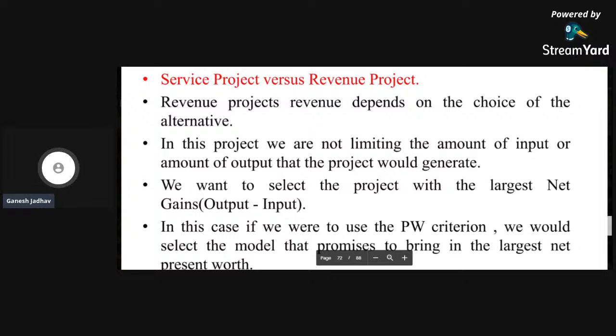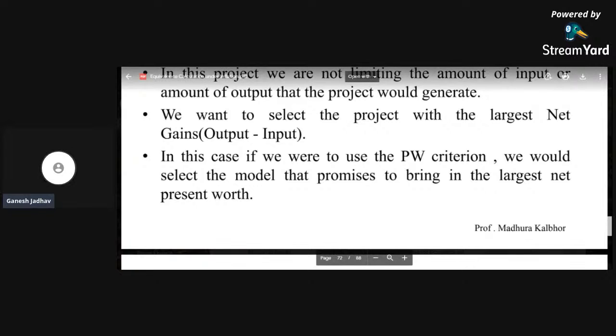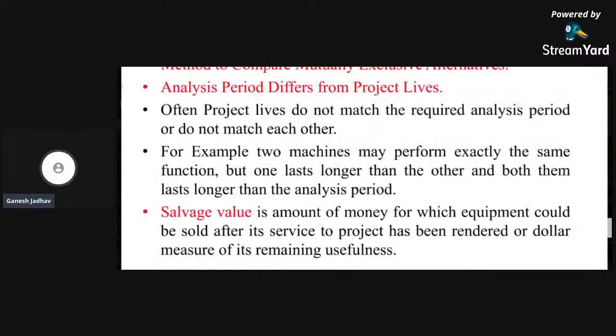We want to select the project with the largest net gain, that is output minus input. If we use the present worth criterion, we will select the model that promises to bring in the largest net present worth. So this is also one of the factors.